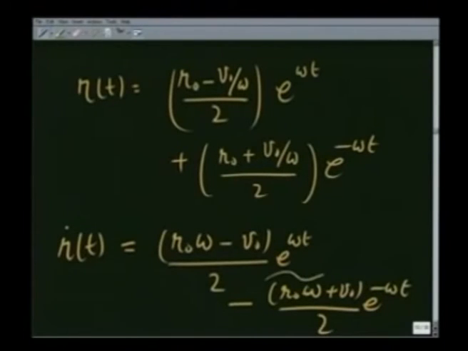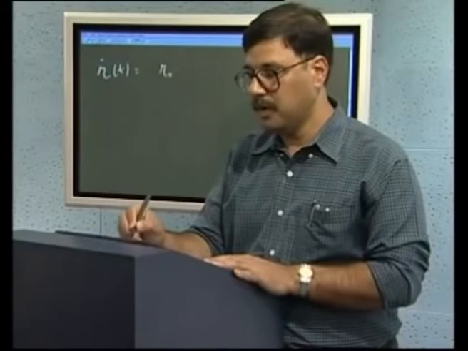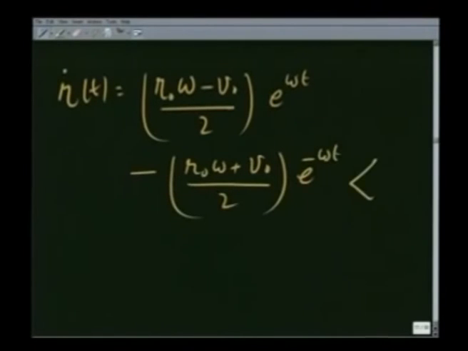This term is already negative, and if I want the velocity to remain negative, that means I want r dot t, which is equal to (r0 omega minus V0) over 2 e^(omega t) minus (r0 omega plus V0) divided by 2 e^(minus omega t), less than 0.